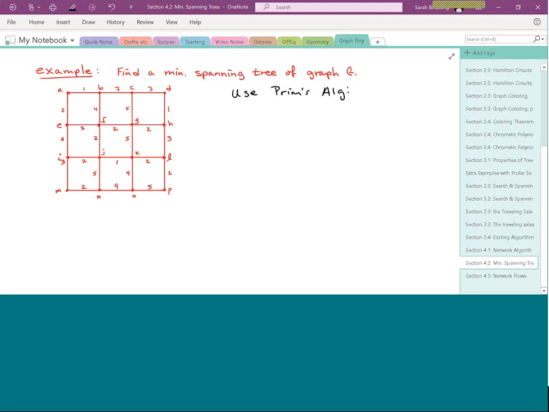So what edge do you guys think we should start from in this tree? Hey, you got choices. There's not one starting point.